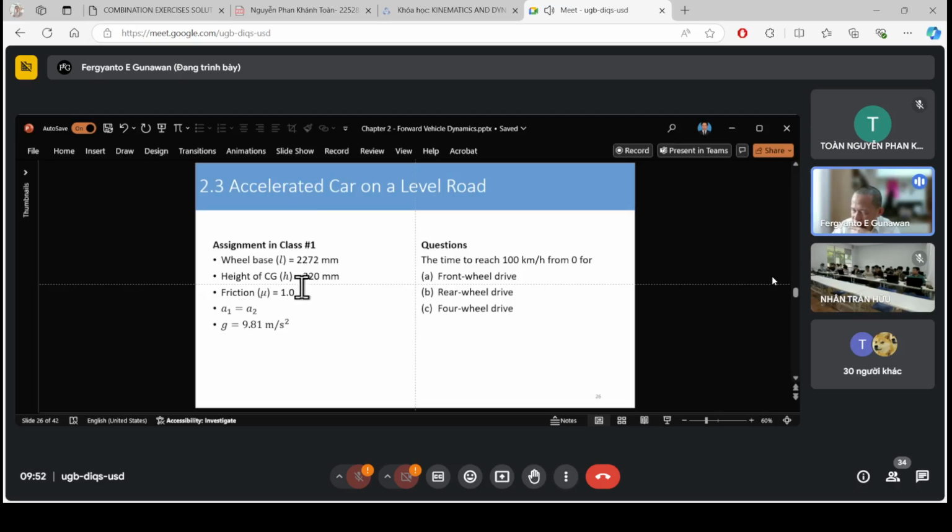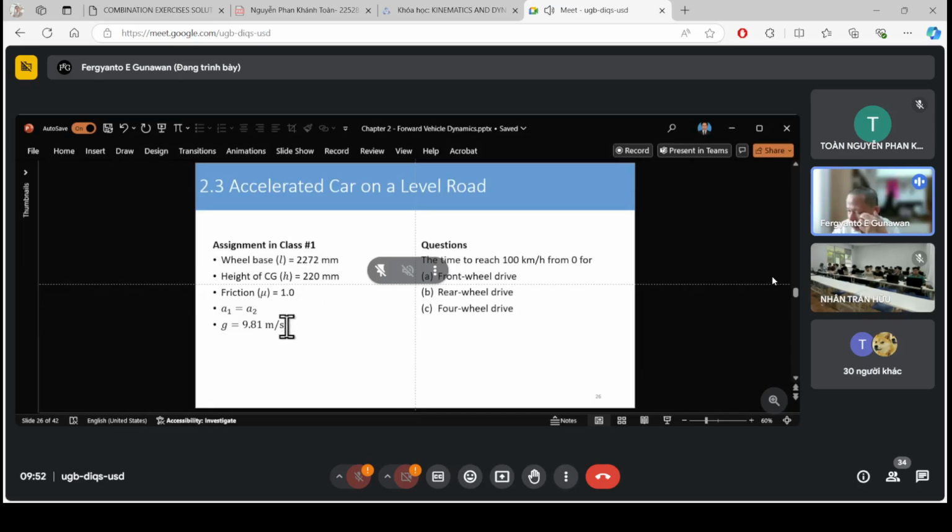The data of the vehicles: the wheelbase is 2,272 millimeters, and the height of the center of gravity is 220. Friction is 1. We assume that the center of gravity is located at the center, and g is 9.81.